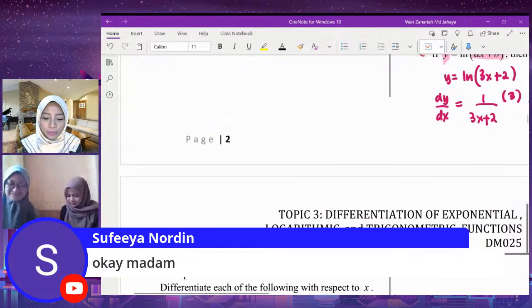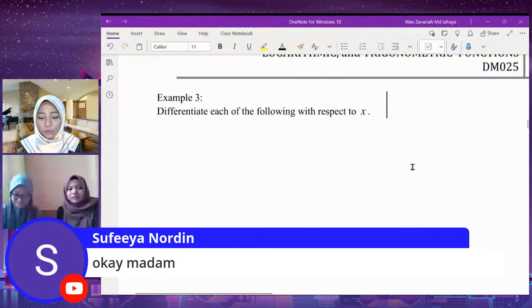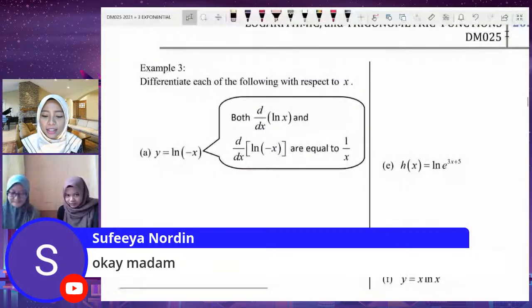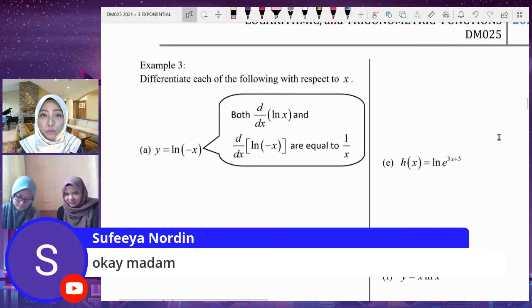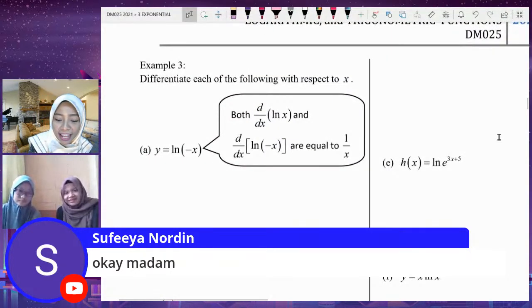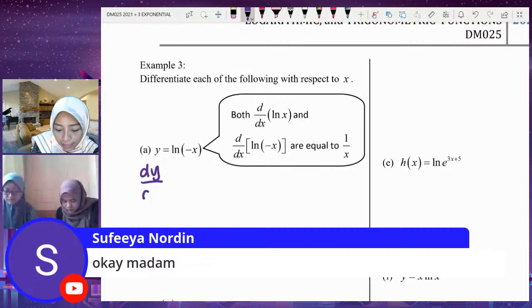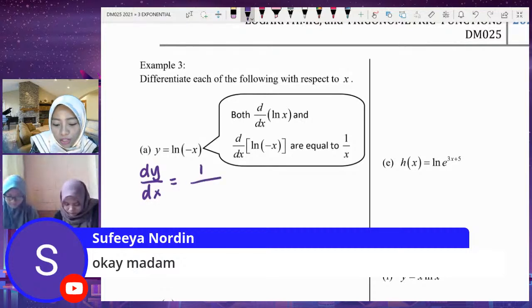Okay, example 3. Differentiate each of the following with respect to x. Okay, so now given to you ln e^(-x), okay? So the same thing we're going to do, dy over dx equals to 1 over, what is our function? e^(-x).